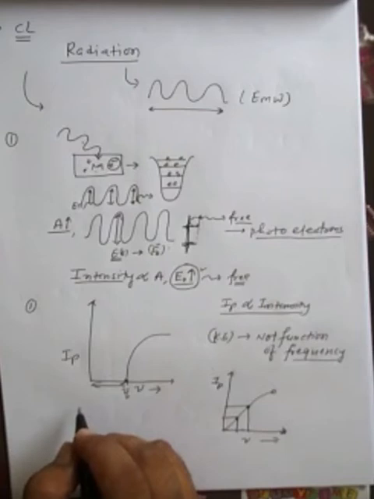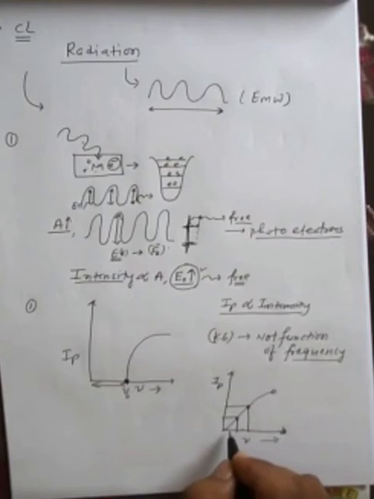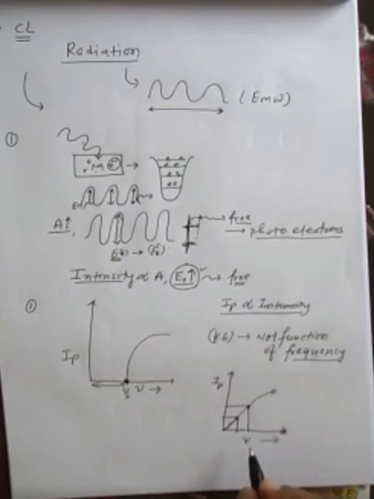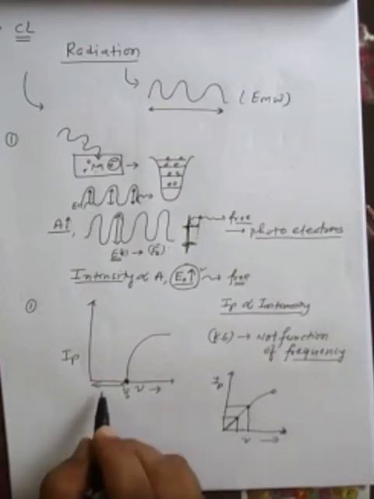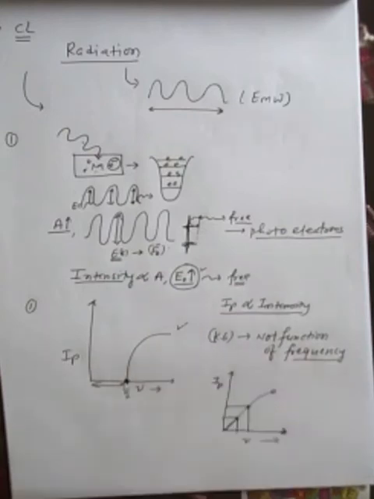The result says that there is no current. Classical physics says that there should be current at lower frequency also, because there is no dependency of current on the frequency. But we see there is a dependency of the frequency on the current. It means the classical physics failed to understand this result. Okay.